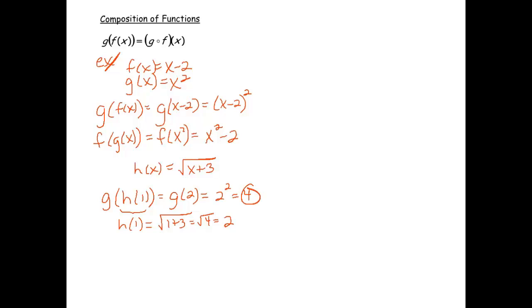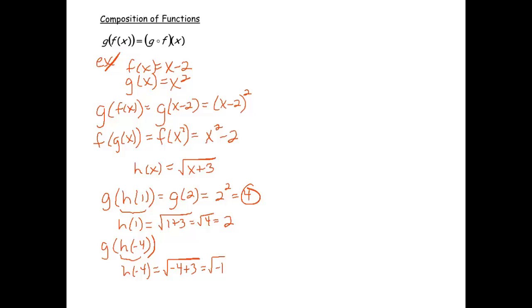Let's try a different value this time. Let's do g of h of, let's try a negative number, like negative 4. Now remember, we want to work with this input first. What is h of negative 4? Well, that's the square root of negative 4 plus 3, which is the square root of negative 1.